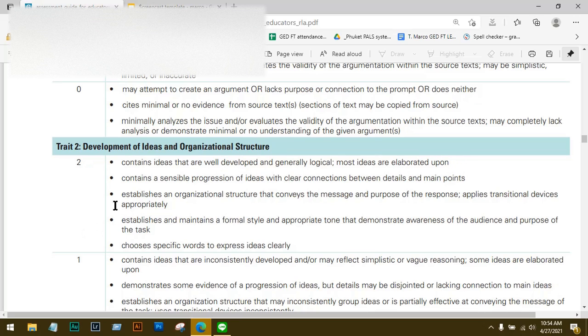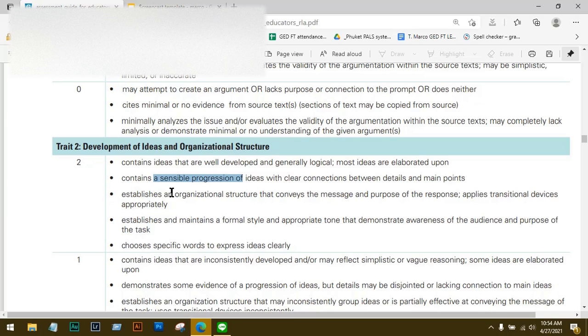It's complete. It contains a sensible progression. Here you go, a sensible progression. It's not like a salad bowl of words without properly organizing it. It's really important to organize your text.